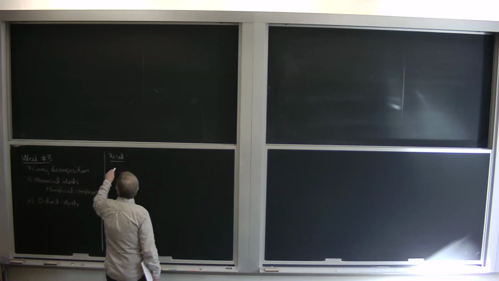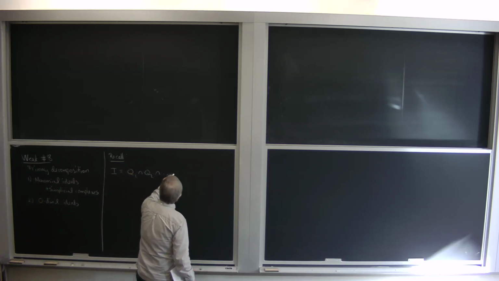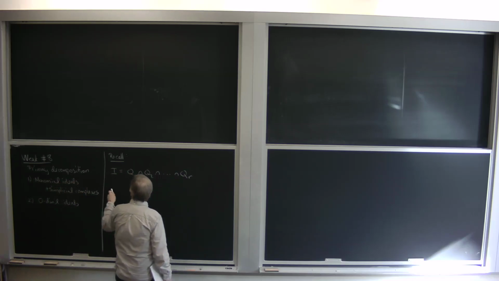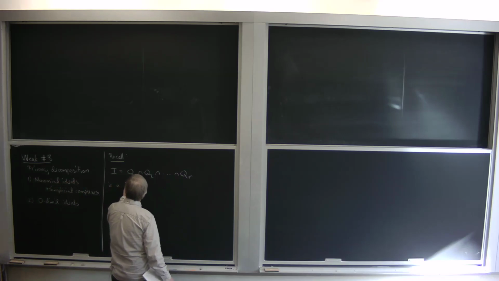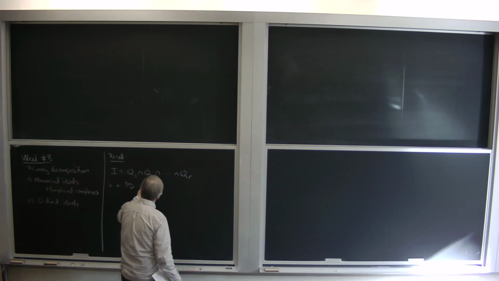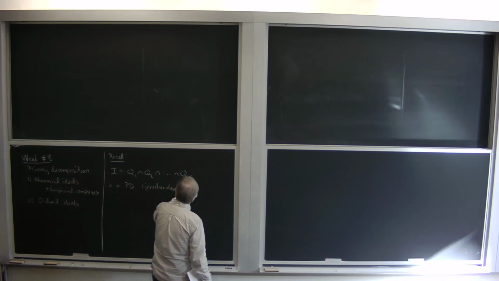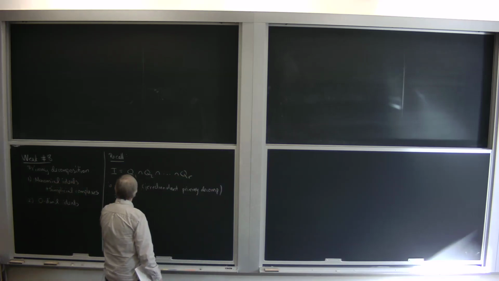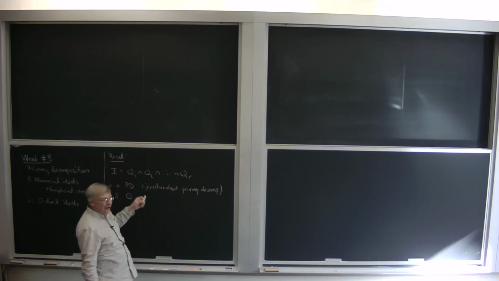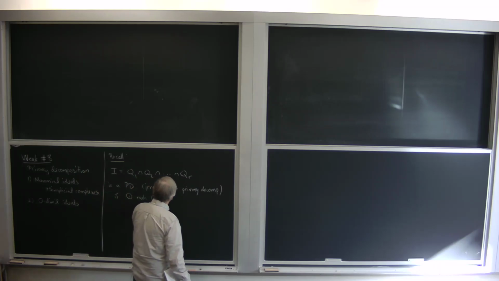However, we have that I equals Q1 intersect Q2 up to QR is a primary decomposition, an irredundant primary decomposition, if, well, that intersection holds, but each Qi is Pi-primary.